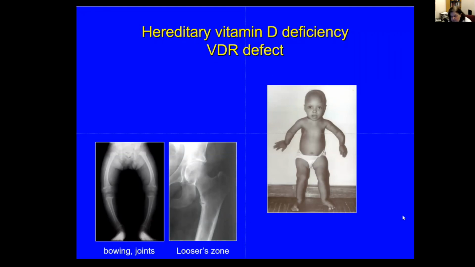They show signs of rickets. They don't start walking. They have the bowed legs, and frequently they don't grow hair, because to grow hair, you need vitamin D receptor. It's a board question. So remember, no hair.